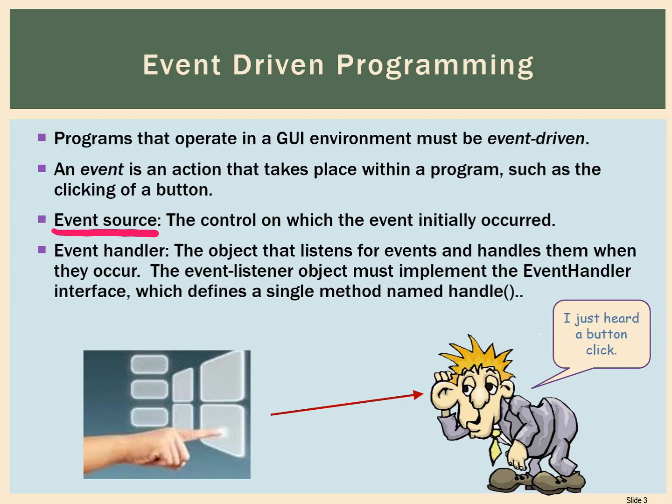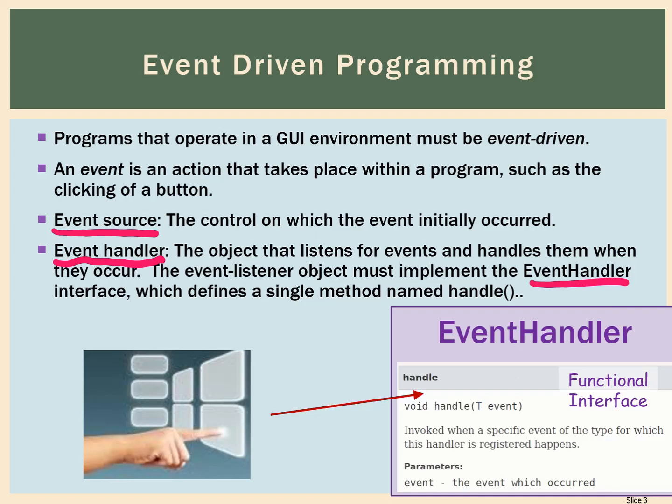The next concept is that of an event handler. Event handlers are objects that sit in the background and listen for events, and they handle them when they occur. Now obviously there is no little man sitting inside your GUI listening for an event.